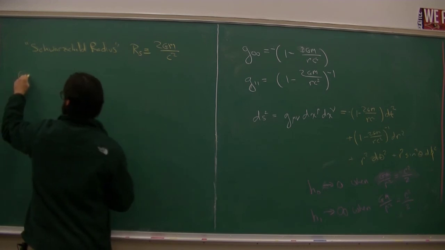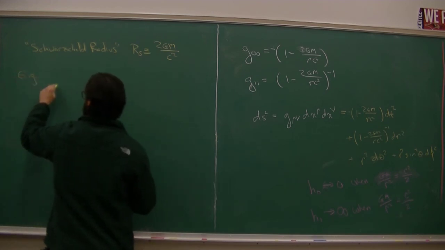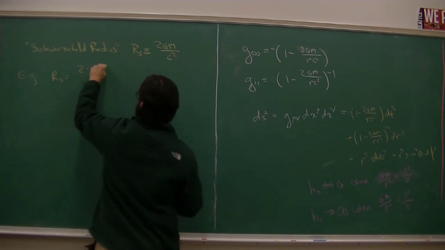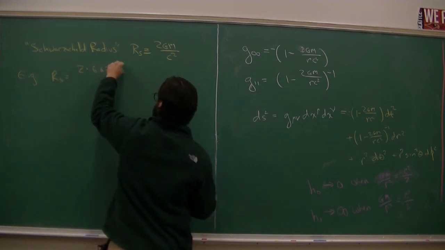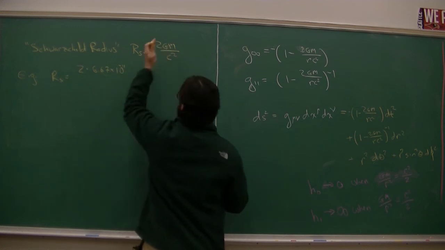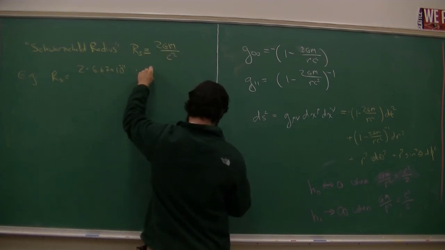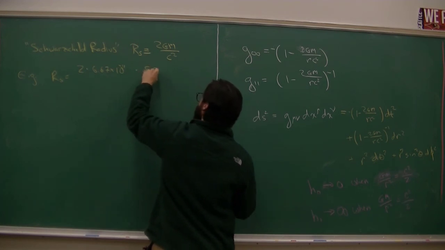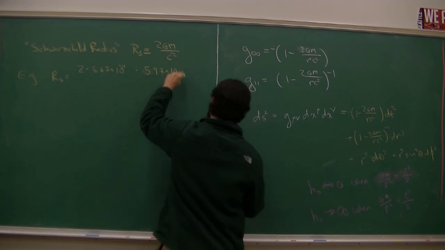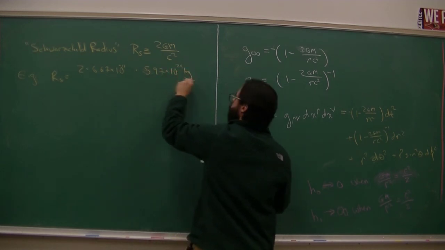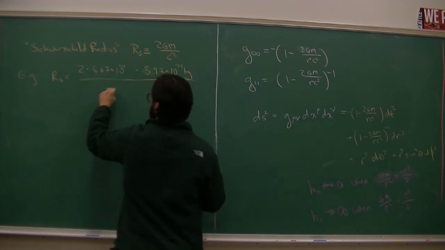And as an example, the Schwarzschild radius for Earth would be 2 times 6.67 times 10 to the minus 11 units of G. Mass of Earth is 5.97 times 10 to the 24th kilograms. And the speed of light is the speed of light.